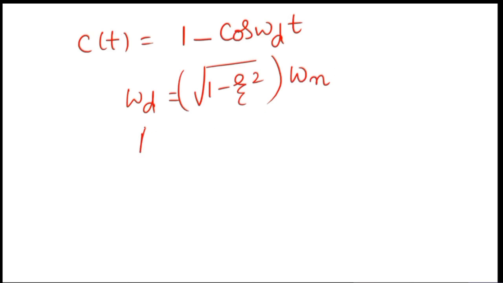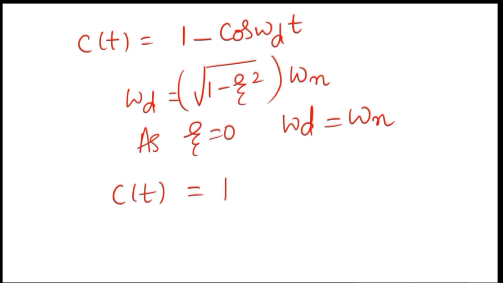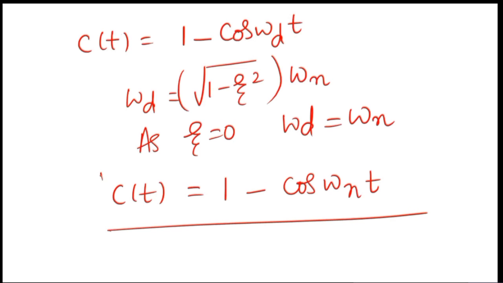So as zeta is equal to 0, omega d is equal to omega n. That means C of t is equal to 1 minus cos omega n t. This is the response of the system where zeta is equal to 0.